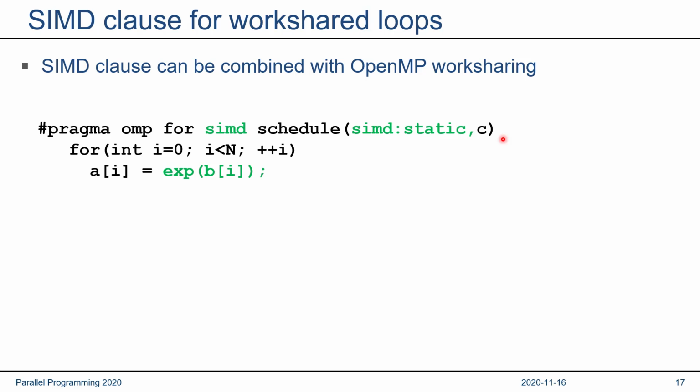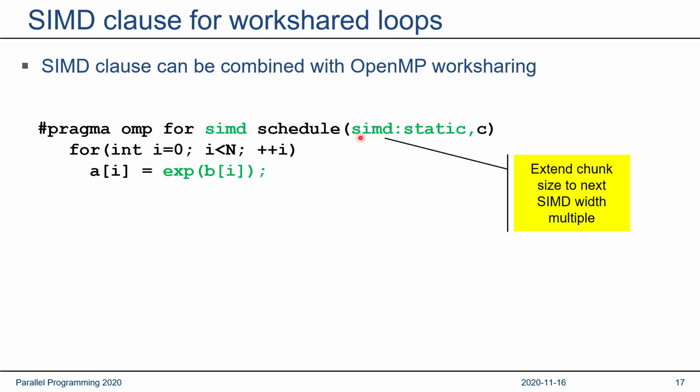Now, an interesting detail is that if you specify a schedule for the loop, then you can prepend the static schedule, or any schedule actually, with a SIMD prefix. And this means that the chunk size of this loop, if you specify one, is extended to match the next SIMD width multiple.